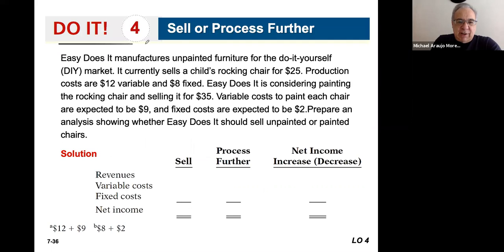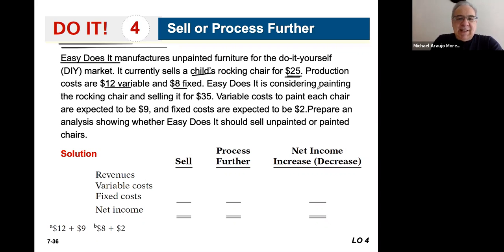So here's our do it exercise for this part of the chapter, learning objective 4. We have a manufacturer, Easy Does It. I have to say that every day as I get older. They manufacture unpainted furniture for the do-it-yourself market. They sell a child's rocking chair, make them old while they're young, for $25. Production costs are $12 for a variable, $8 for a fixed.